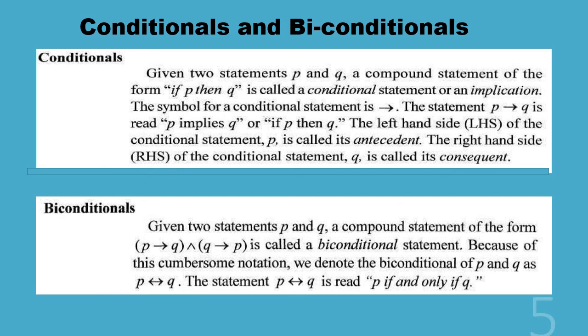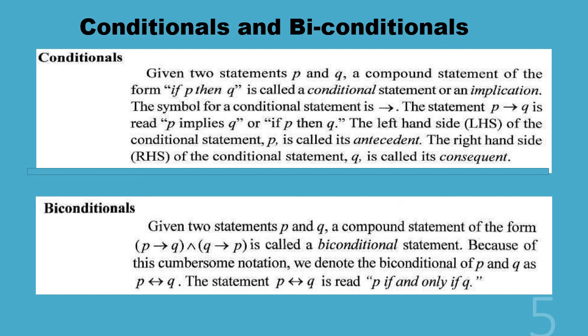The biconditional is a statement in a very complex form. It's actually two conditional statements joined by the word and. Thus, the title, biconditional statement.